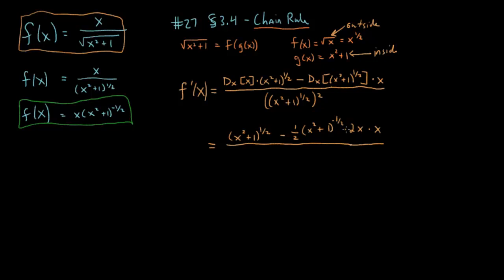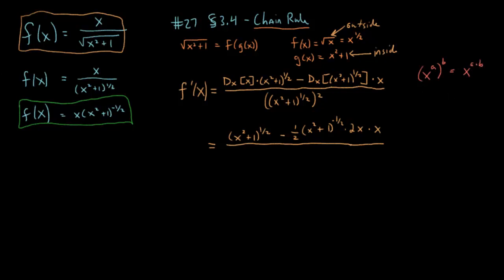Okay, so that's the numerator, all the derivatives. Now what about the denominator? Let's go ahead and simplify that. According to the rules of exponents, we have an exponential expression raised to another exponent. So what do you do in that case? For instance, just off to the side, if you have x to the a to the b power, you can rewrite that as x to the a times b.